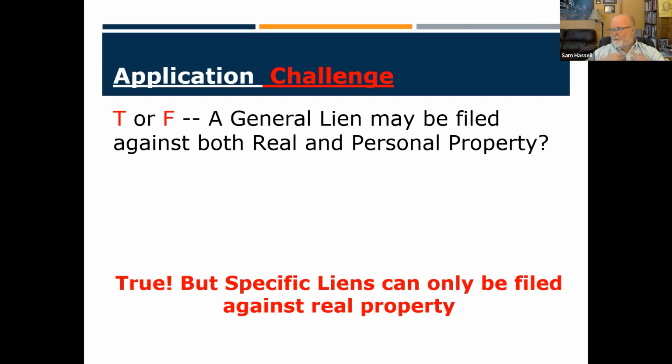Those are general to the person. A specific lien is to the property specifically. Mortgages, taxes, mechanics liens, right? Those are specific to the property.